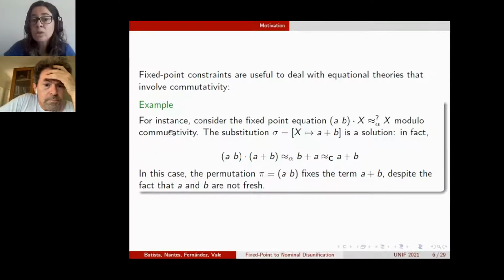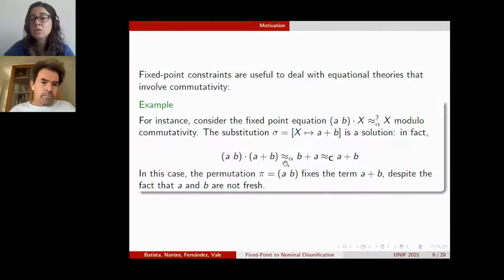And we have commutativity, so this alpha equality here is modulo commutativity. If you map X to A plus B, then the permutation (A B) acting on A plus B is alpha equivalent, modulo renaming of bound variables, to B plus A. And this is equal modulo C to A plus B.